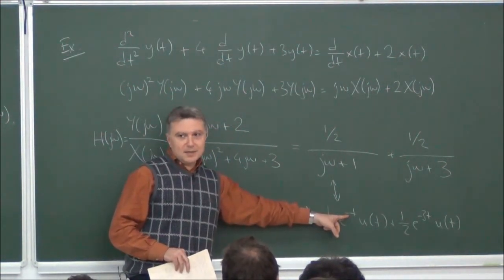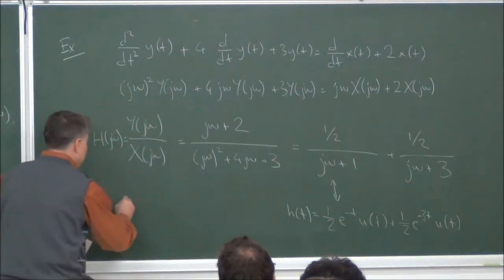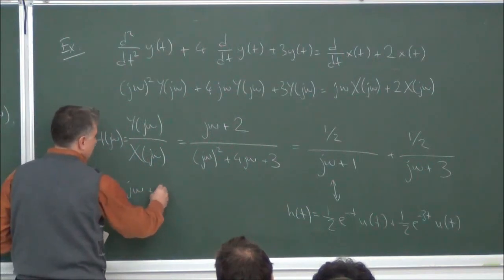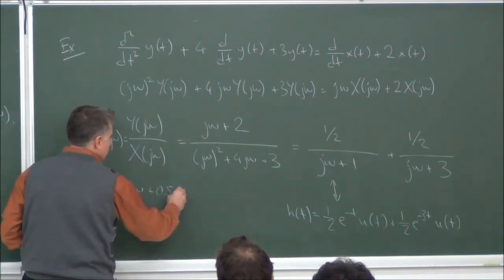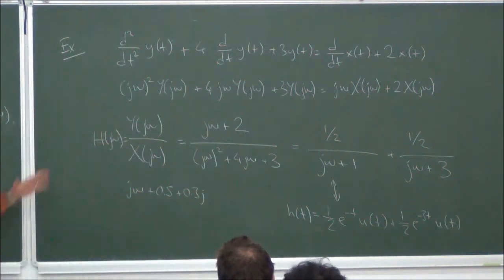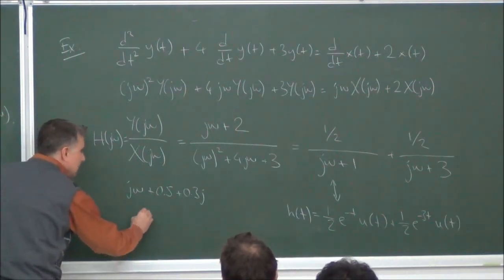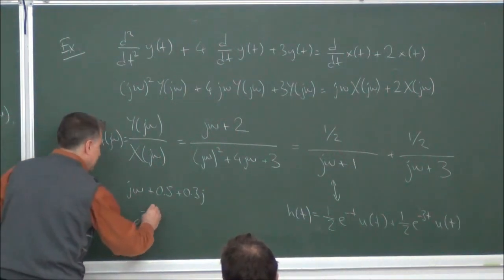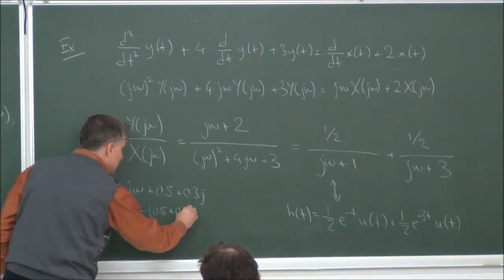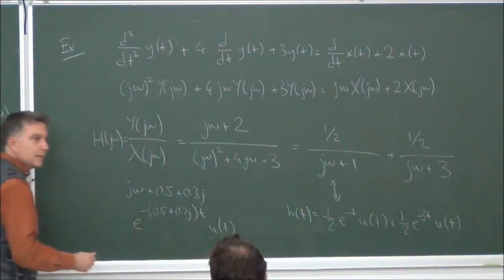That's not a big issue. That's not a problem. Okay? For example, if you have j omega plus 0.5 plus 0.3j in the denominator of the first order system, then e to the minus, in parentheses, 0.5 plus 0.3j, t u of t will be your answer.